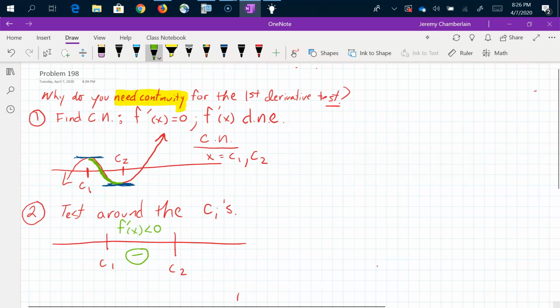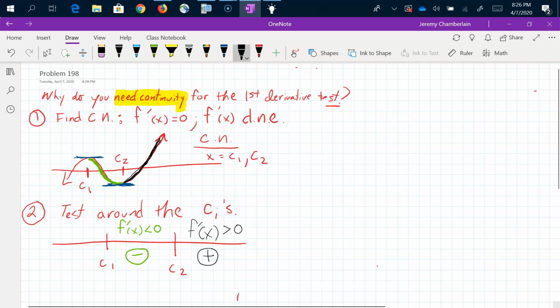Okay. On the other hand, let's say for greater than c2, here the slope is positive, positive, positive. So here the sign of the derivative is positive. So on this side of c2, to the right, this is bigger than 0, or we can say it's positive.